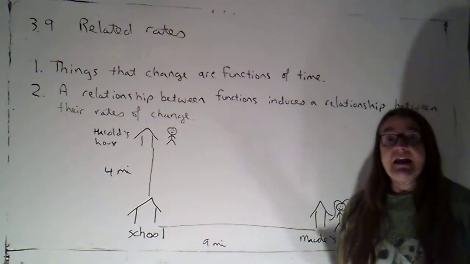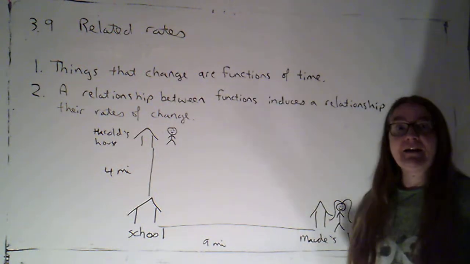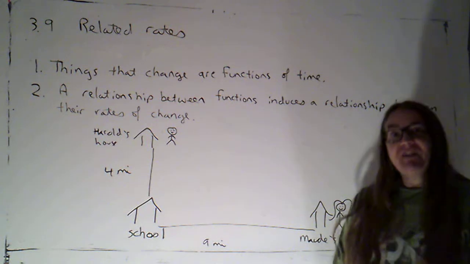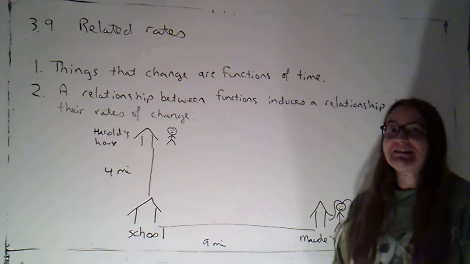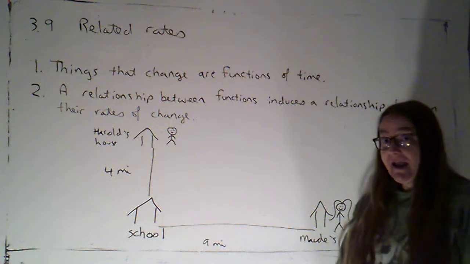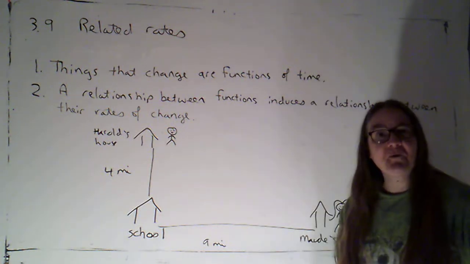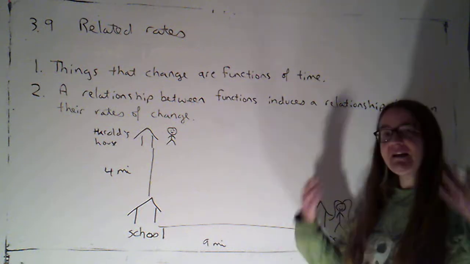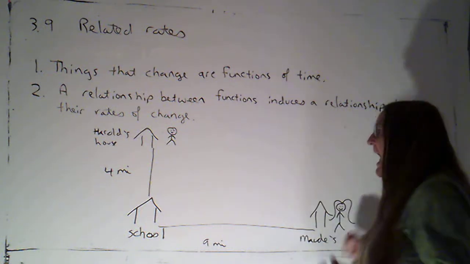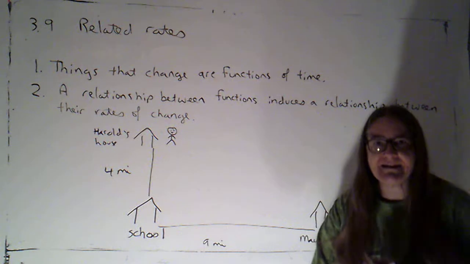And so one day, Harold calls up Maude and he says, "Maude, would you like to meet me at school so we can study calculus together?" And Maude jumps for joy and says, "Oh, Harold, there is nothing in the world I like better than meeting you at school to study calculus. I shall head to school right now."